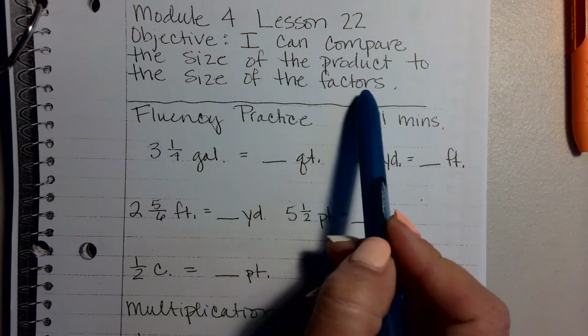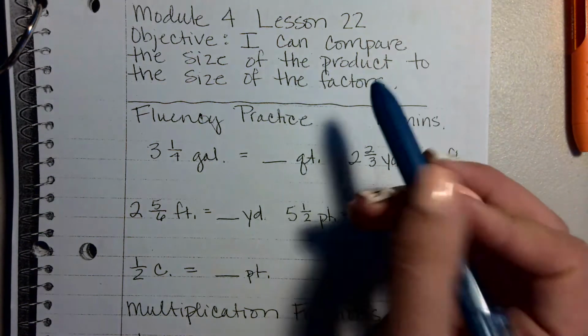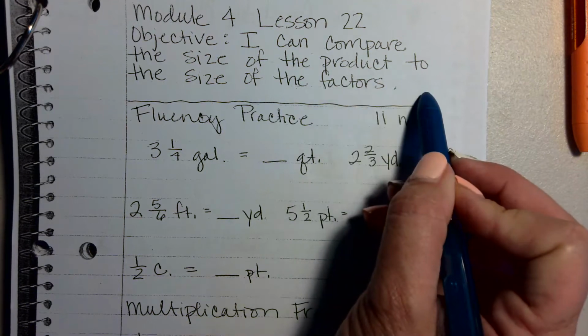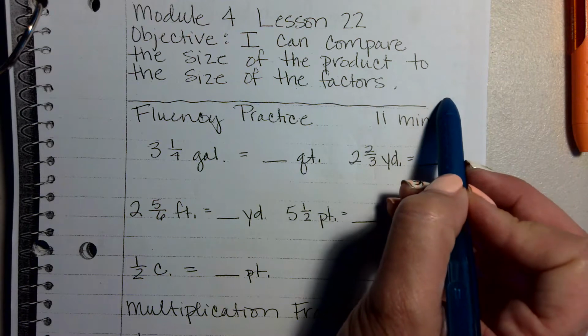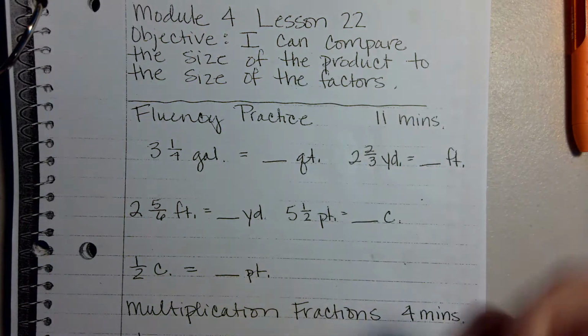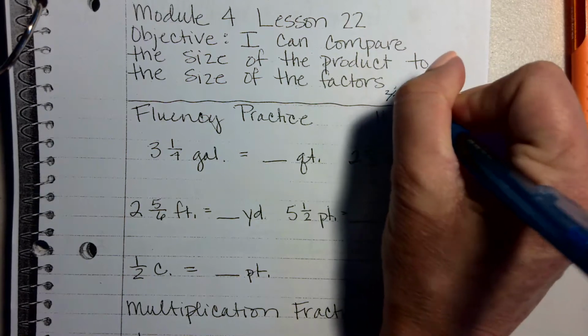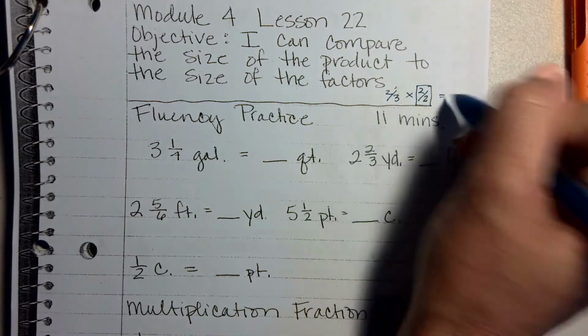Going back to our previous lesson, when you're multiplying by 1, what happens to your number? Your product, if you're multiplying by 1, like 2/3 times 2/2, well, that's really 1, right?